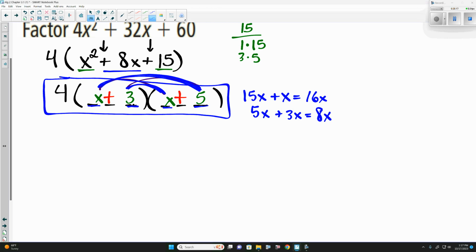Because we know that when we factored x squared, x and x, that's where we got it. It's going to multiply back together to give us x squared. The 3 and 5, we got it from the factors of 15. They're going to multiply back together to give us 15. The one that we're concerned about, the one that actually changes when we multiply them together, is the middle term. That's the one that changes. That's the one that we're really checking. Does that make sense? Why check more than we need to?